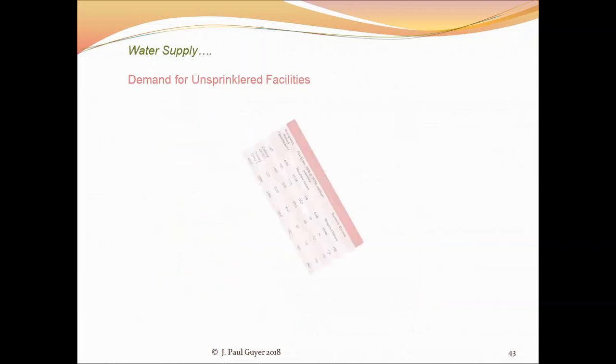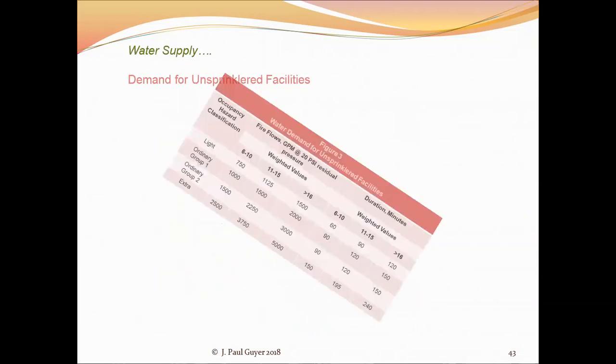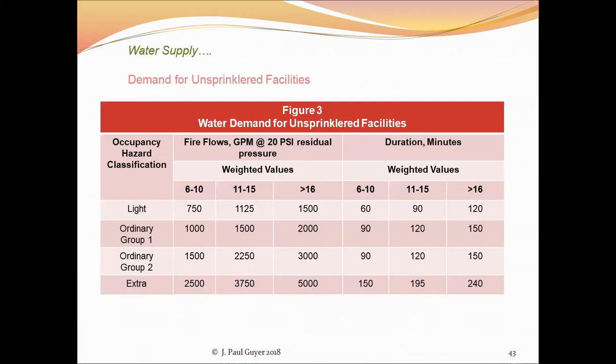And you then go to this table here: water demand for unsprinkled facilities. The occupancy hazard is in the column on the left. If your building got 6 to 10 points, the fire flow requirement, GPM, if it is a light hazard occupancy, is 750 GPM.